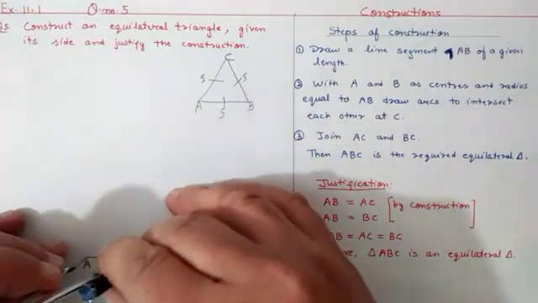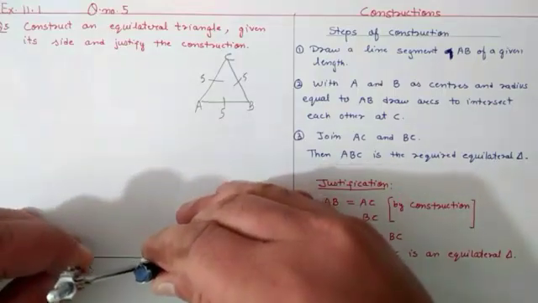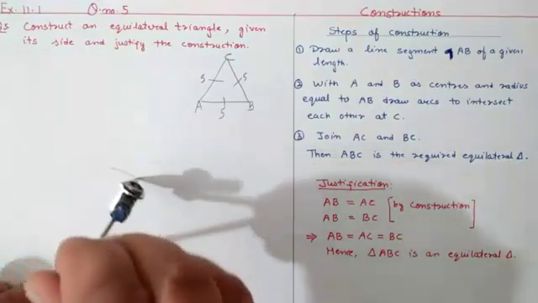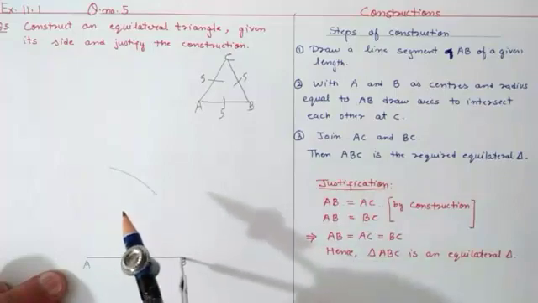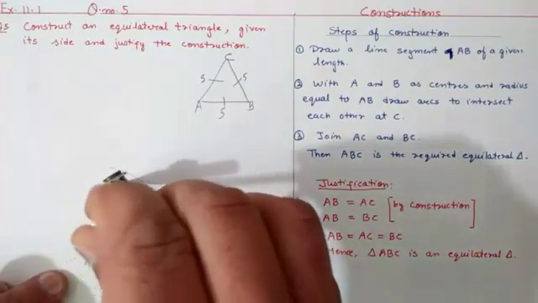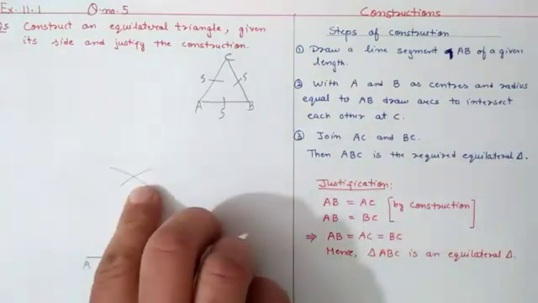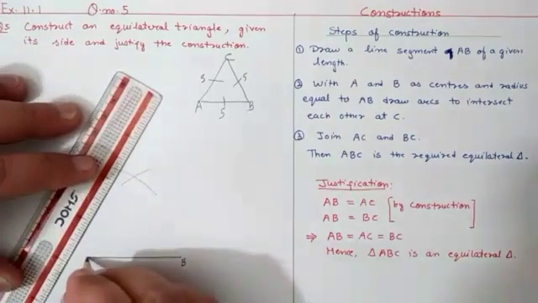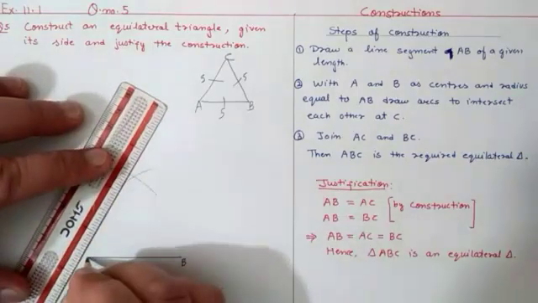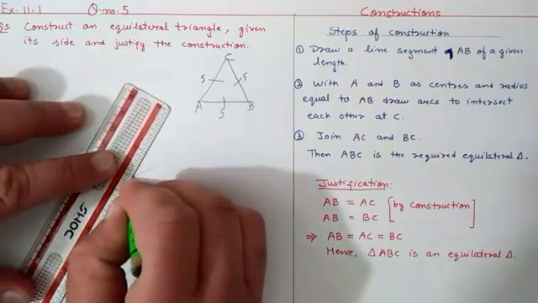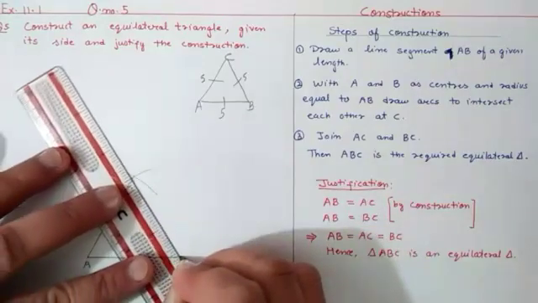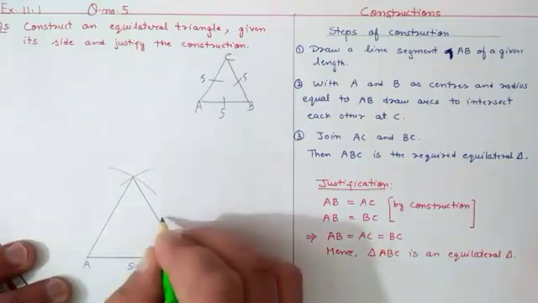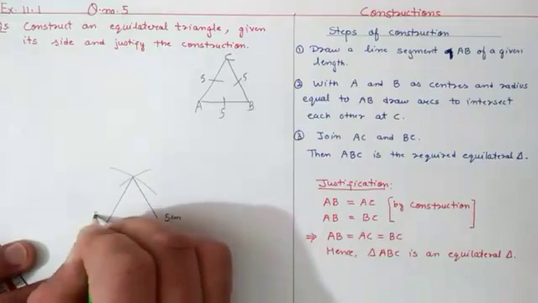We will take the length of AB, like this, and then we will mark one arc over here from A and another arc from B. Okay, we will get one arc and a point, and from that we will construct two lines, one line to A and another line to B.